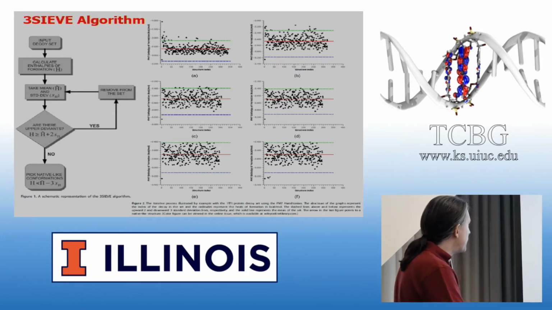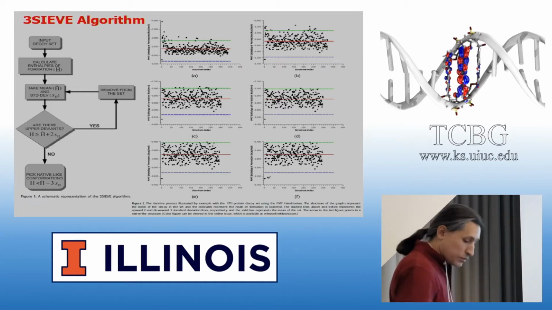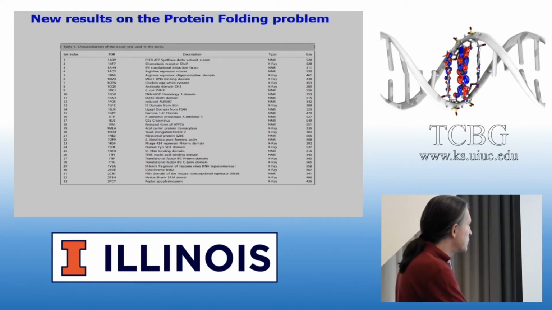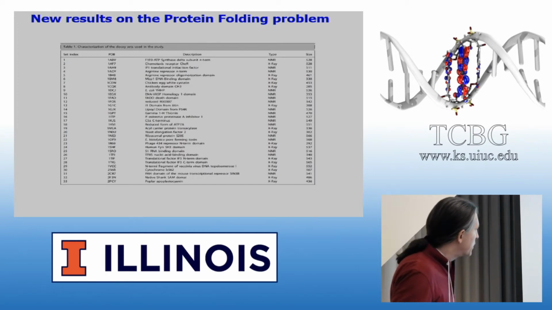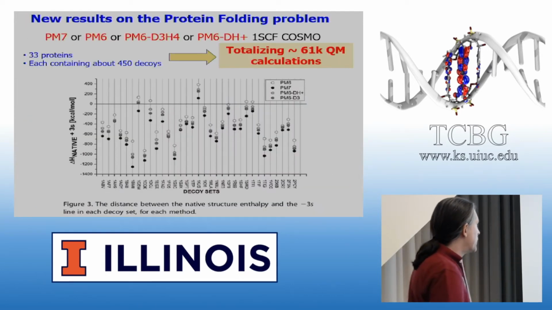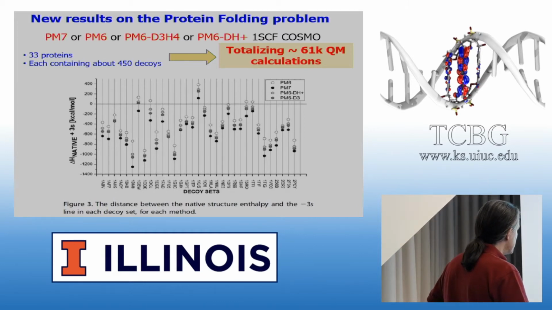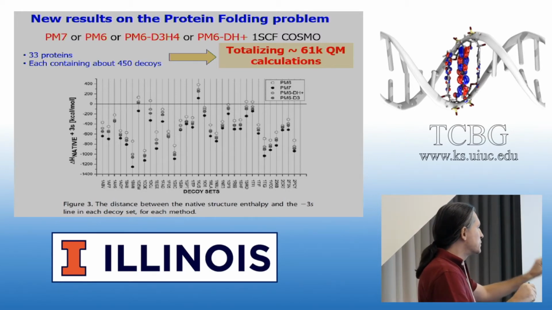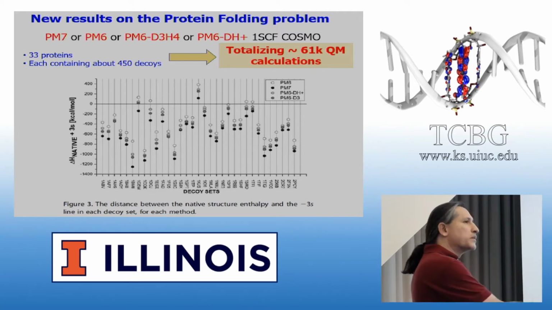And we applied this algorithm to all these proteins, and we were able to find that, if you consider the PM7 semi-empirical method, for all these decoy sets except one, you can identify the native structure as the native structure.